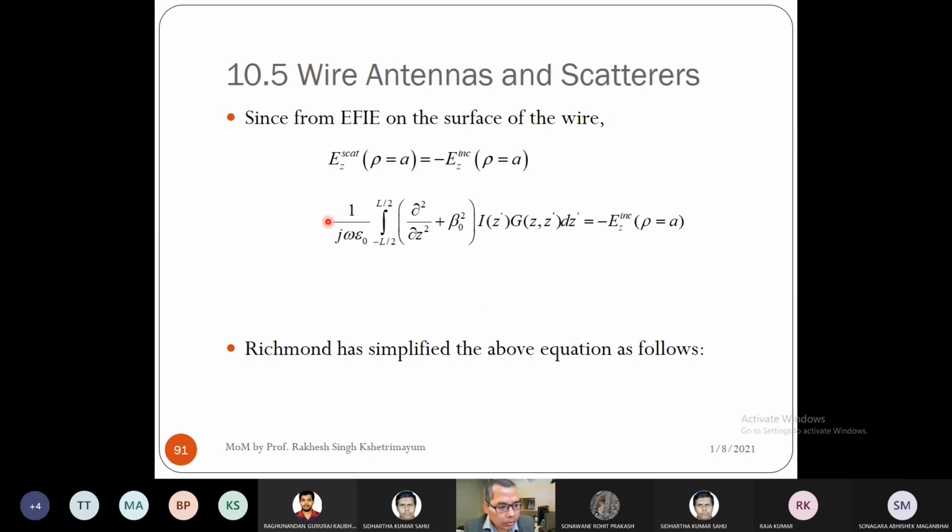We will actually solve Pocklington's electric field integral equation using the MoM. This is much more simplified. You can simplify this equation, and this person has done it. And actually, I have given this as an exercise for the BTech students also during their EM theory course. They could also derive this.